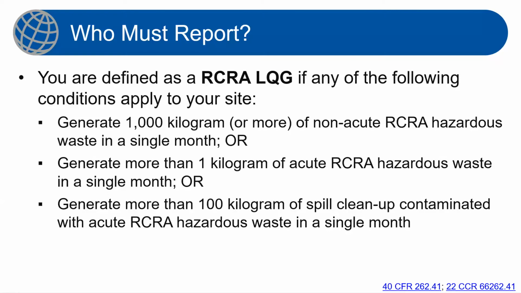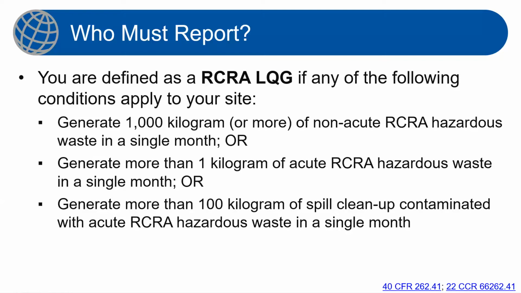Now, if it is a case where we had an acute hazardous waste on site, and as a result of a spill release of that acute hazardous waste, we generated more than 100 kilograms of that contaminated material from cleaning up a spill of an acute hazardous waste, we would also be considered to be a RCRA large quantity generator.